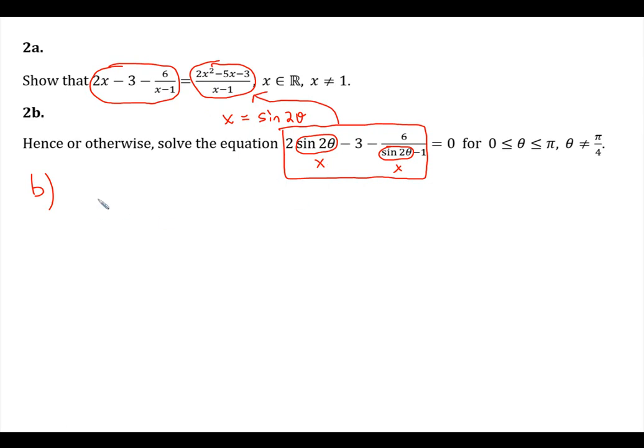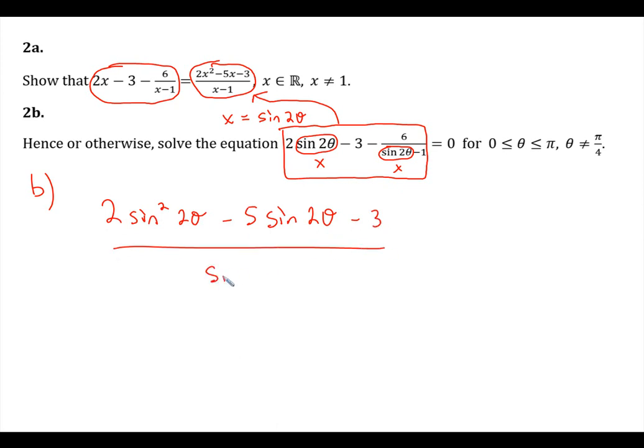I can say 2 times sine squared 2 theta, because the x is being squared here, minus 5 times sine 2 theta. Oops, let me put a theta there, not an x. And then minus 3 all over sine 2 theta minus 1 is equal to 0.